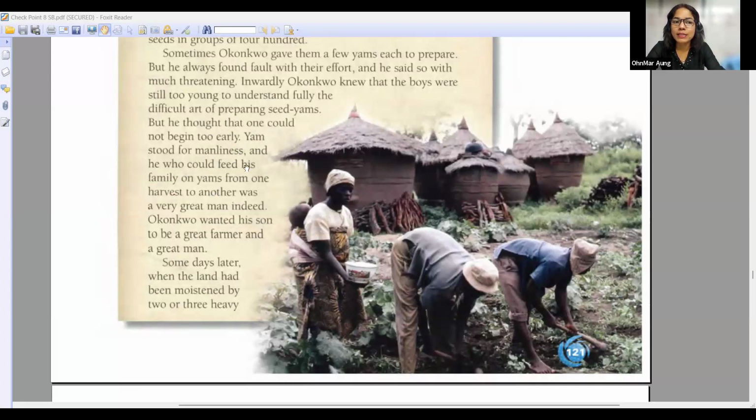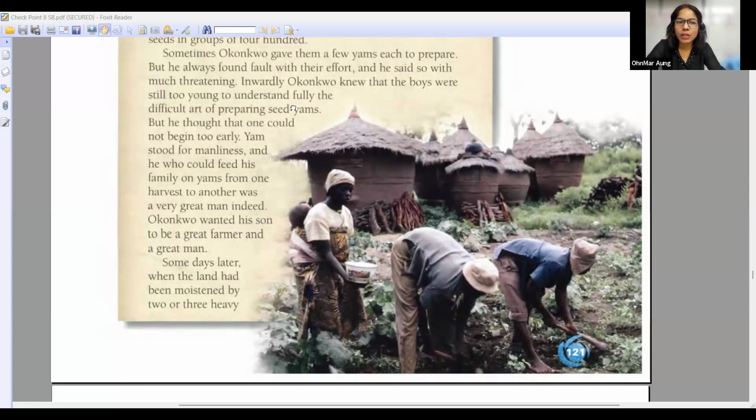It shows manliness, and he who could feed his family on yams from one harvest to another was a very great man indeed in their society. A man who could support his family from yam plantation work can be a great man. So Okonkwo wanted his son to be a great farmer and a great man. He wanted his sons to be successful and skillful in yam plantation.